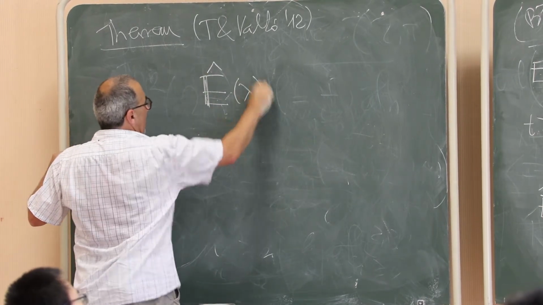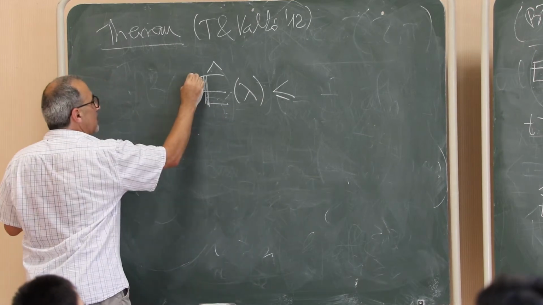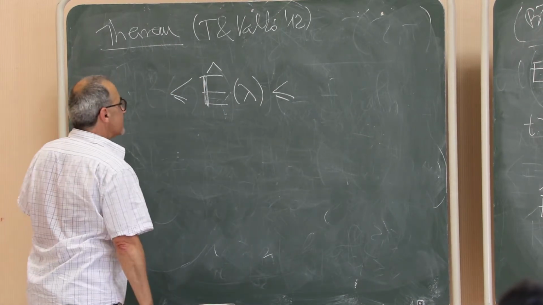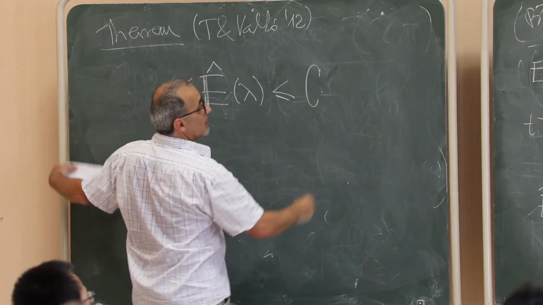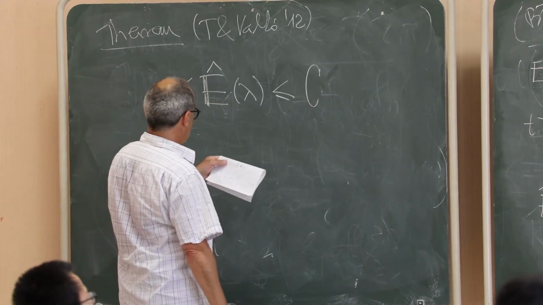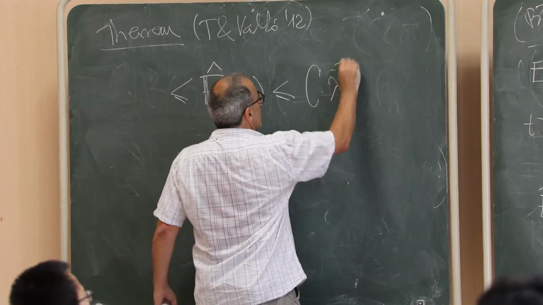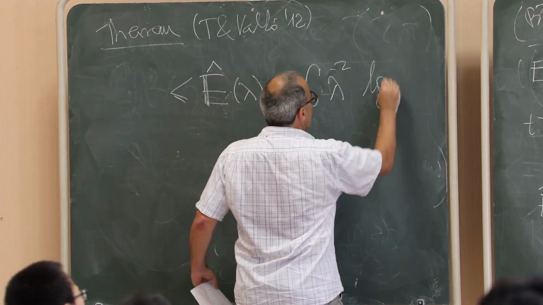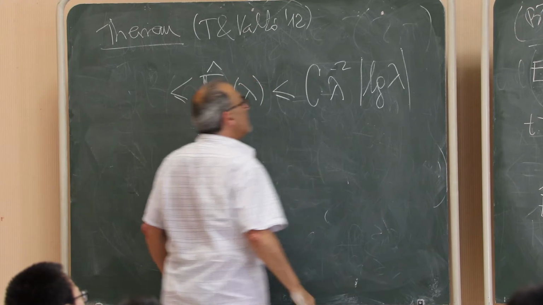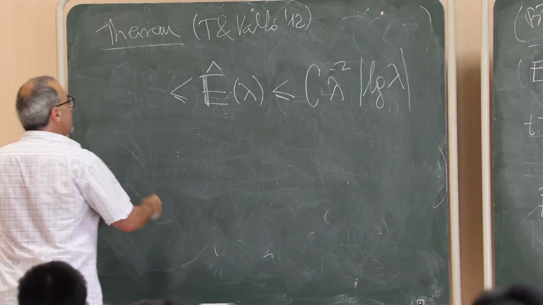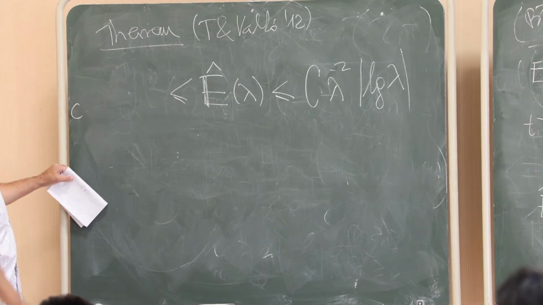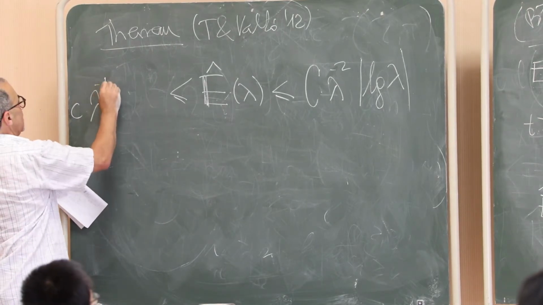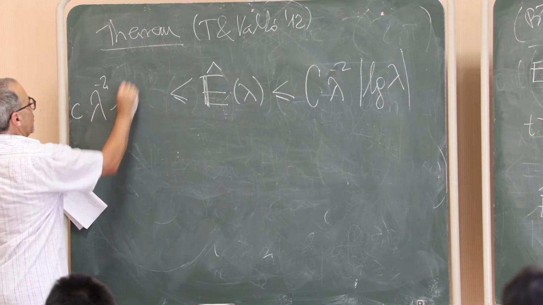E hat of lambda is less than a constant times lambda to the minus 2 log lambda, and greater than another constant, call it small c, lambda to the minus 2 log lambda.